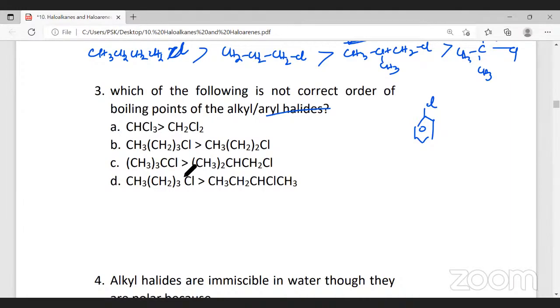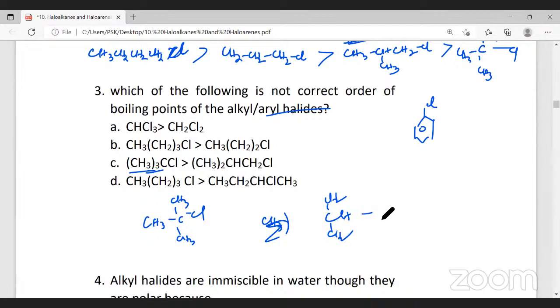Now, in the case of option C, CH3, CH3, three branches. And here, if you observe, CH3 twice. So I can write it as CH3CH2CH2 and maybe CH2Cl.